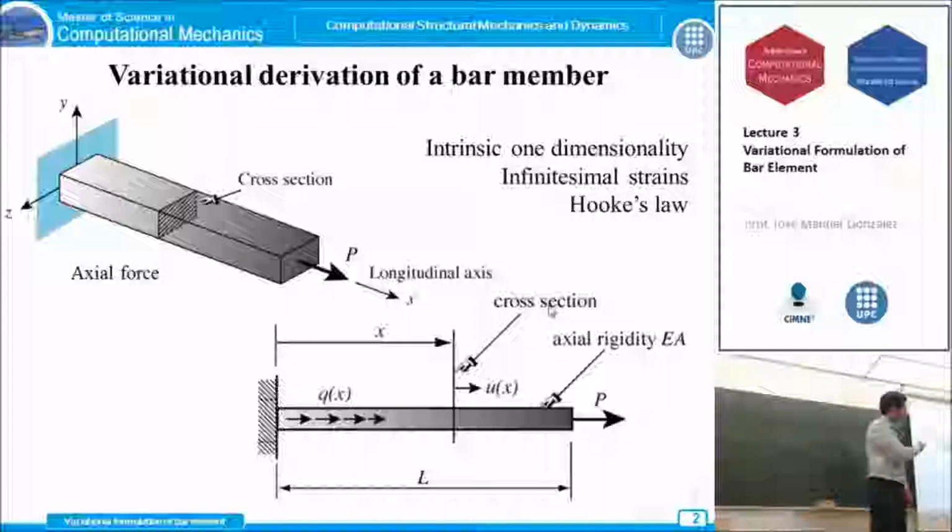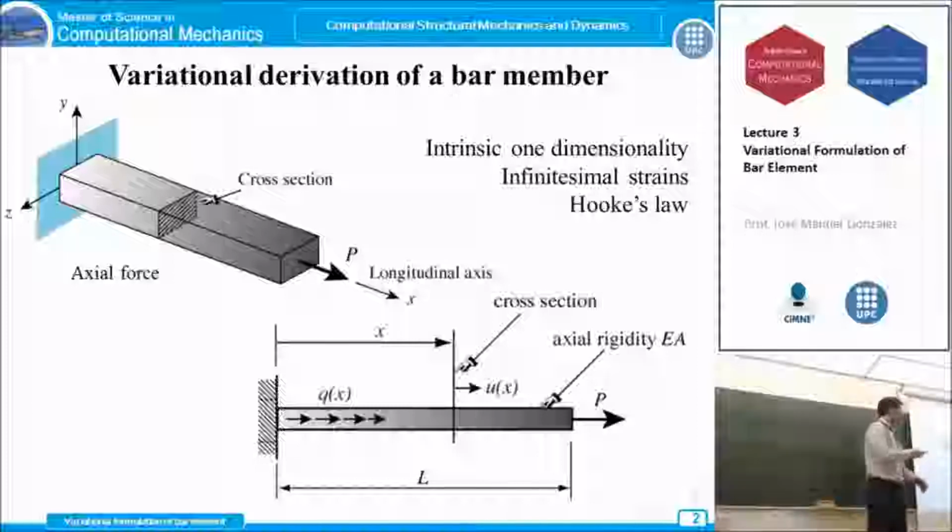So we are worried about only this x behavior, and we assume that on this longitudinal axis we can prescribe a punctual load at this right extreme, and a distributed load along this longitudinal axis, characterized by this value Q, depending on the x variable.